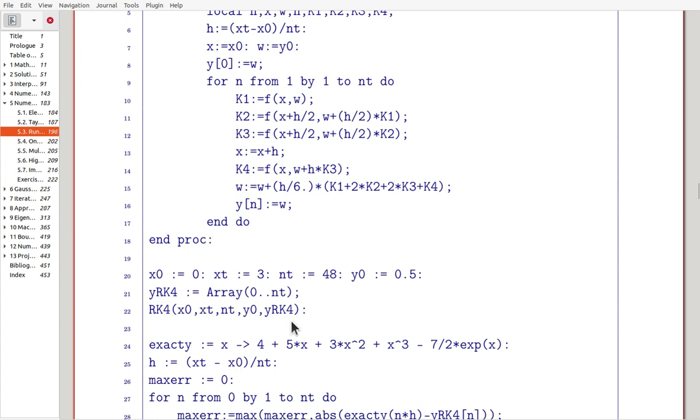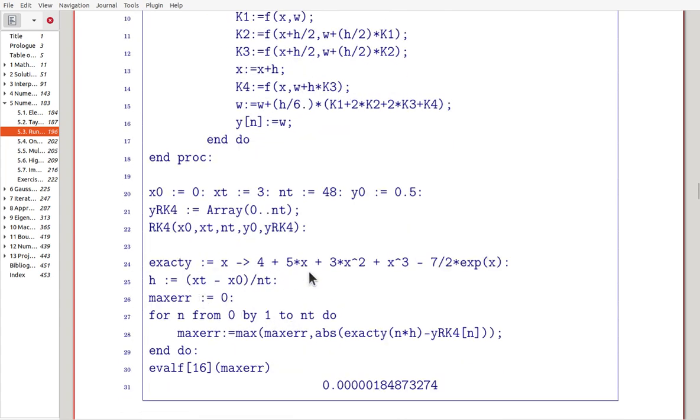So here we have the discrete values of y. Now that is the exact solution, and we measure the maximum error. This is a fourth order scheme. But earlier, when we used the Euler method, the first order method, the maximum error was about 0.39. So the fourth order method is way better than the first order or second order.